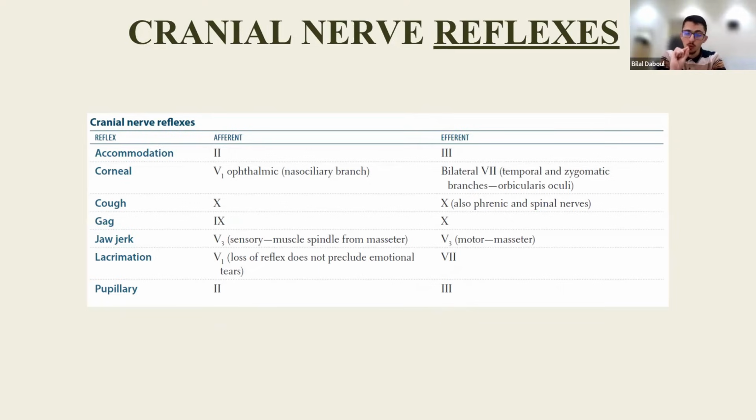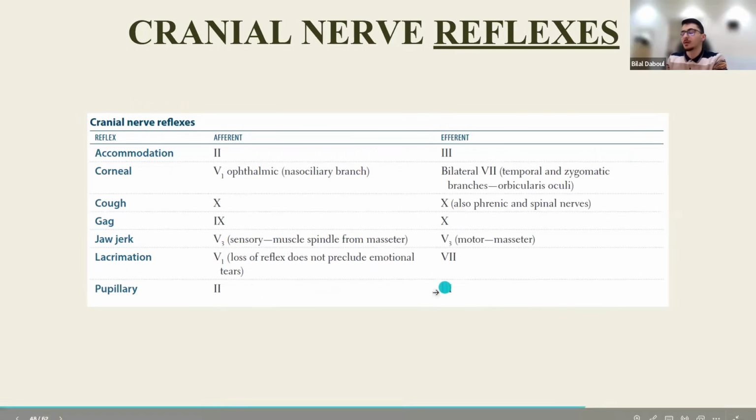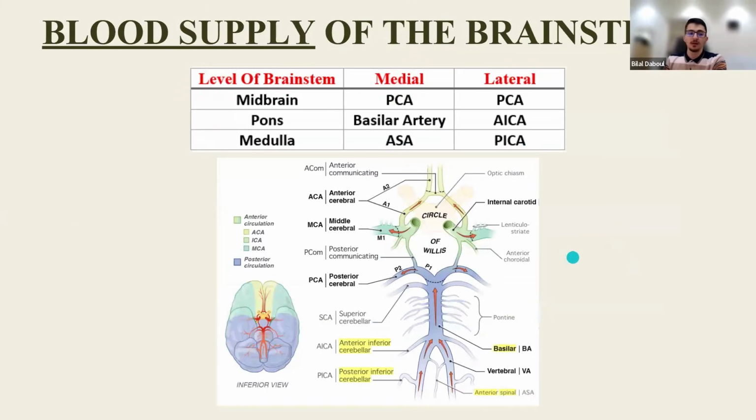What is the parasympathetic nucleus responsible for pupillary constriction? That would be the Edinger-Westphal nucleus, or the parasympathetic nucleus of the oculomotor nerve. It provides the GVE fibers to supply the sphincter pupillae and the ciliary muscle, and hence you would have reflex pupillary constriction. Okay, that's it for cranial nerve reflexes.